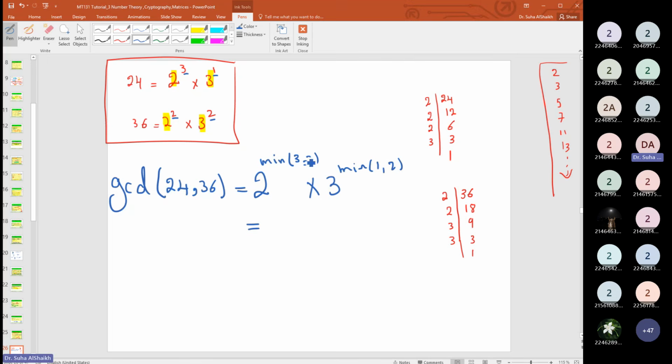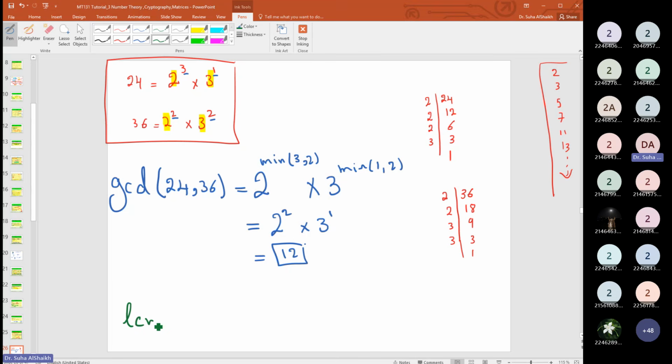So the minimum of 3 and 2 is what? It is 2. And the minimum of 1 and 2 is 1. So this will give me 4 multiplied with 3. This is equal to 12. So the GCD is equal to 12.